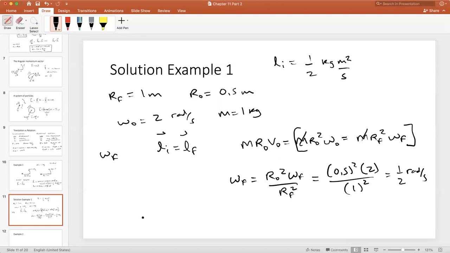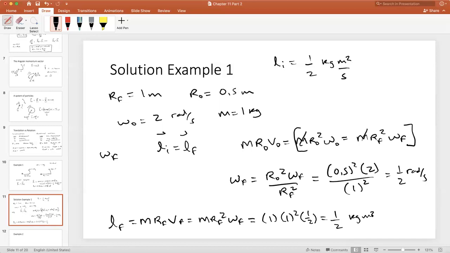Okay, what is L final? Well, you should already know because the angular momentum is conserved, L final had better be 1/2. We can check that though with R final. L final is equal to m R final squared omega final, which is 1 times 1 squared times 1/2, which is 1/2 kilogram meter squared per second.